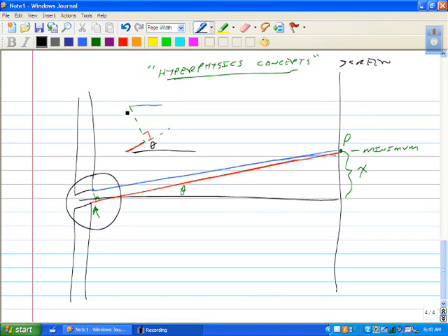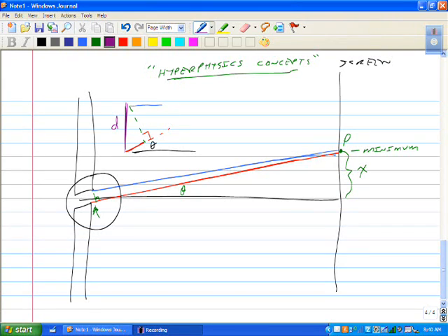Now, this right here is what we call little d. Remember, d is most often used as a distance, as a separation distance, and that's the case here. It's the width of this slit, this little tiny opening that we're shooting the light through.